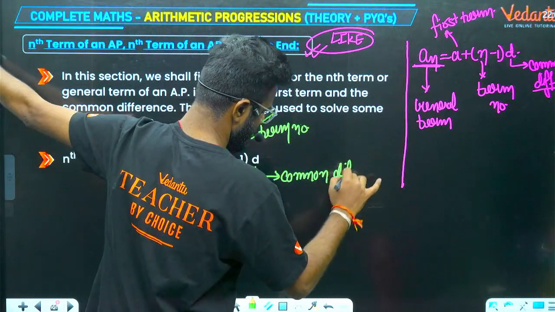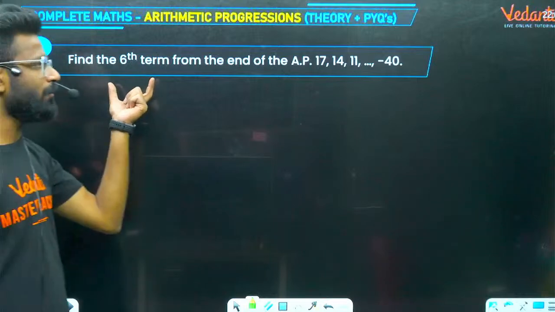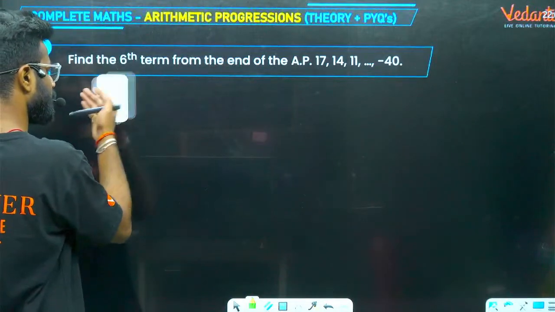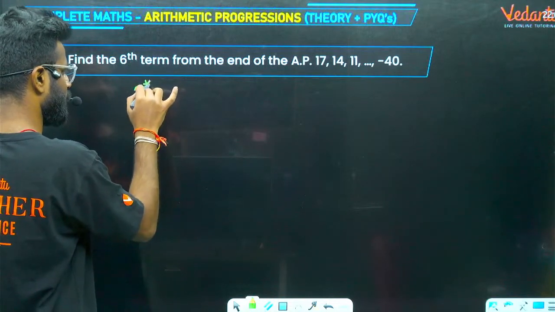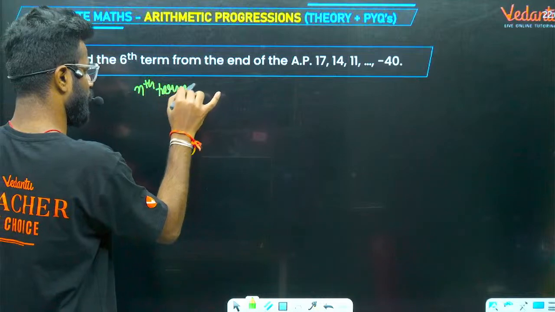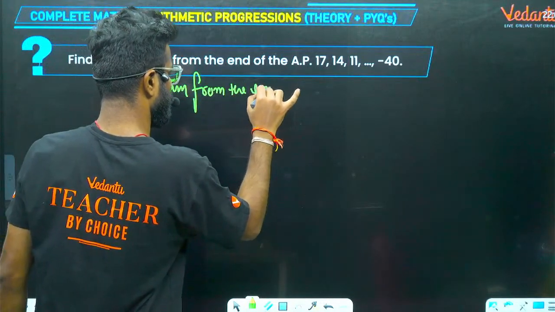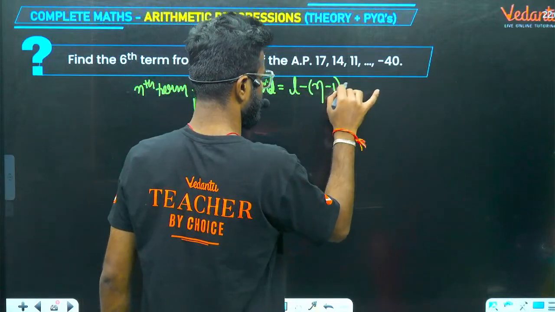Find the sixth term from the end. If you have to find the sixth term or nth term from the end, you can use the formula L minus n minus 1 into d.